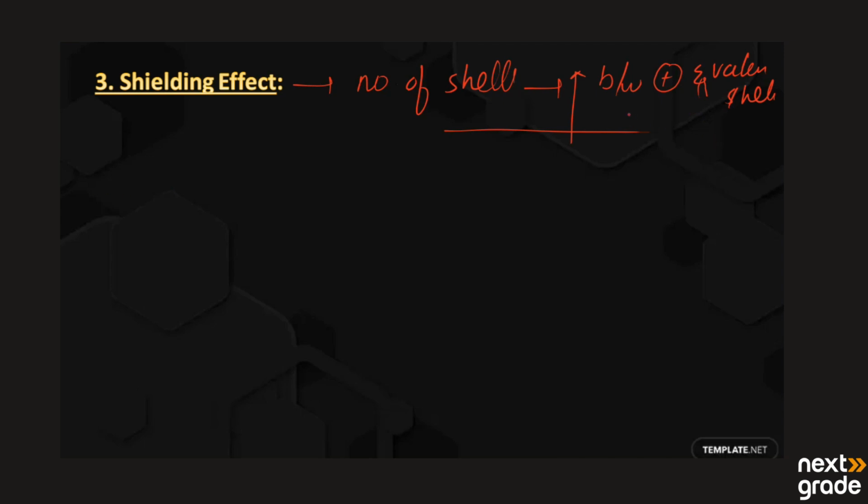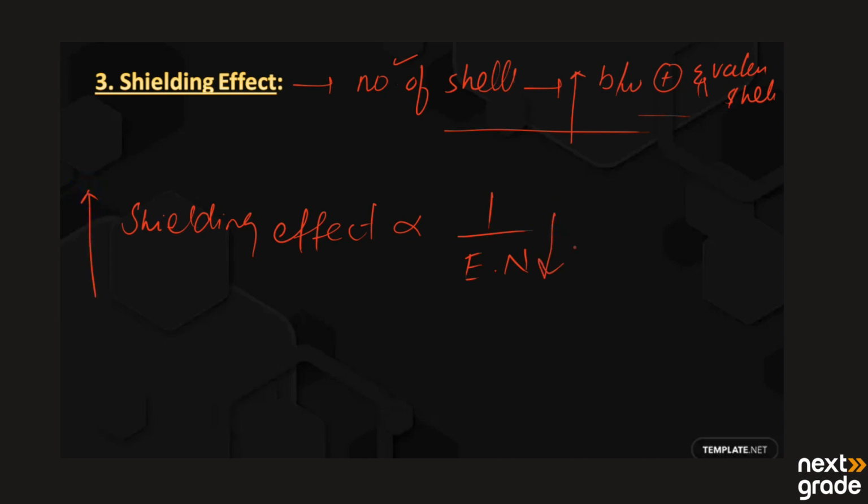Therefore, the electronegativity will also be lower. It means the relationship between shielding effect and electronegativity is inverse. When the shielding effect increases, the electronegativity decreases. So by the increase of shielding effect, the electronegativity decreases.